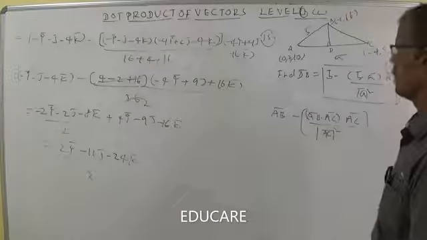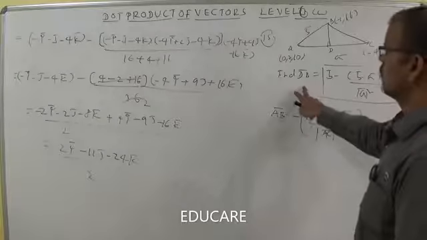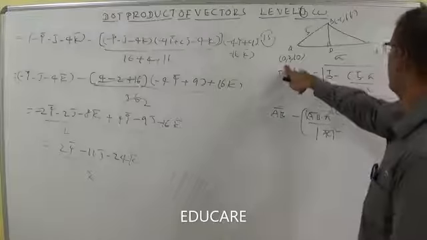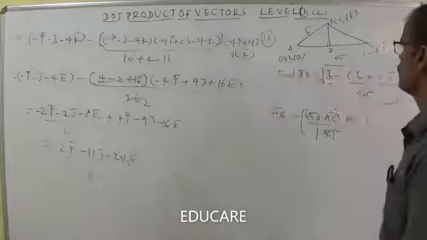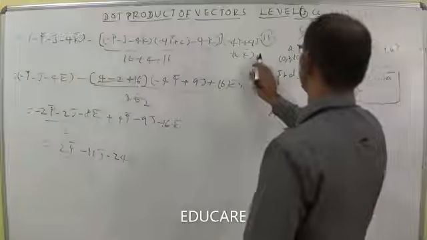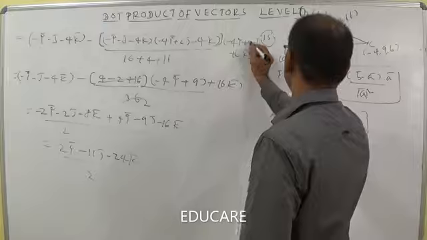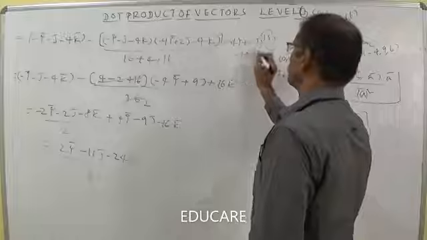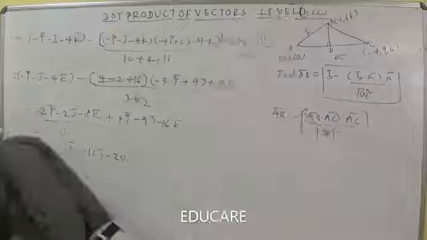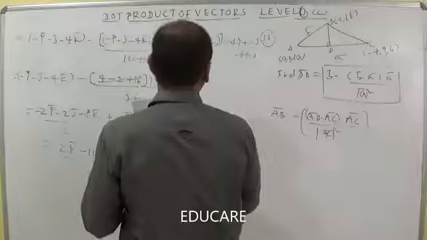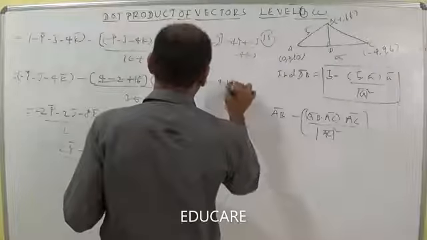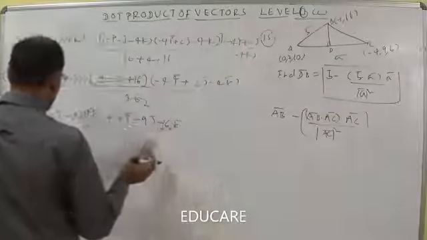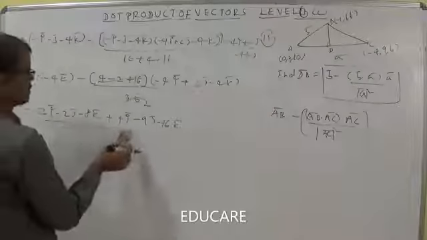Minus of the value AB, the same value, i minus j minus 4k, into AC, which is OC minus OA, minus 4i plus 2j minus 4k, into minus 4i plus 2j minus 4k. 36 it's okay, 2 it's okay. Minus 2i minus 2j minus 8k it's okay.